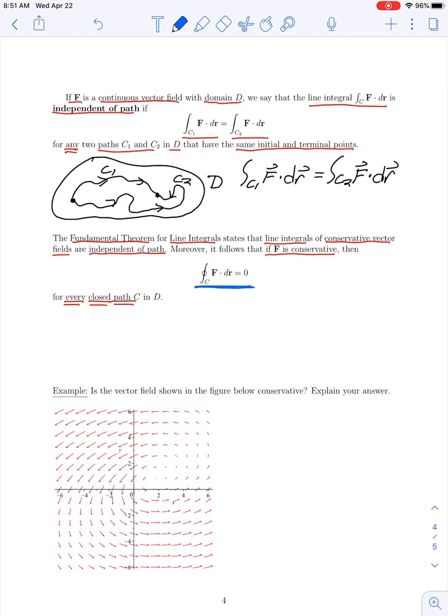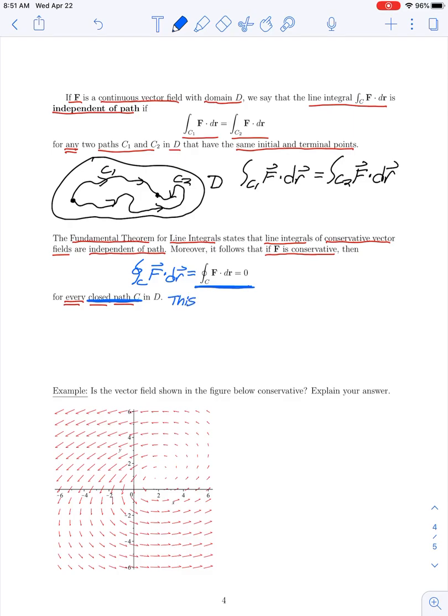Notice that this line integral here of C is denoted using this integral symbol with a little circle over it. So that integral with a circle symbol over it is used to denote the fact that our curve C is a closed curve. That is, its initial point is the same as its terminal point. So anytime you see an integral that has that little circle over it for a line integral, that's just used to denote a closed curve.